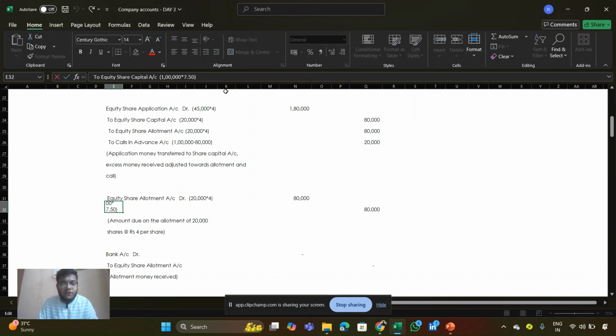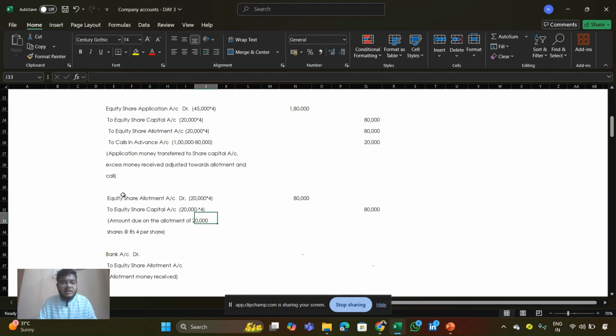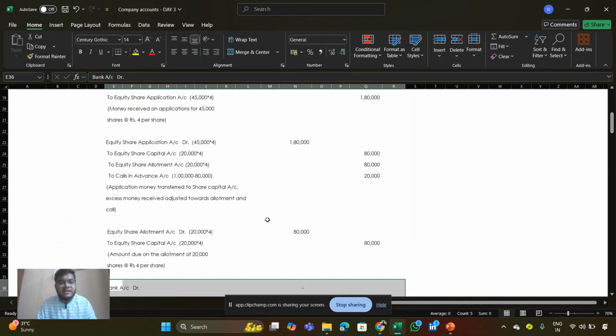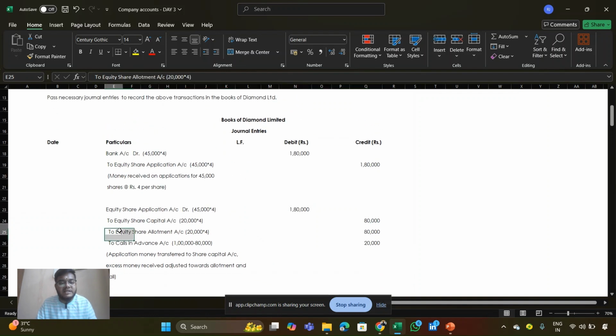It's 20,000 shares into rupees 4 per share, 80,000. It's a due amount. So what have we received? We received nothing, because we have already adjusted 80,000 fully from the excess application.